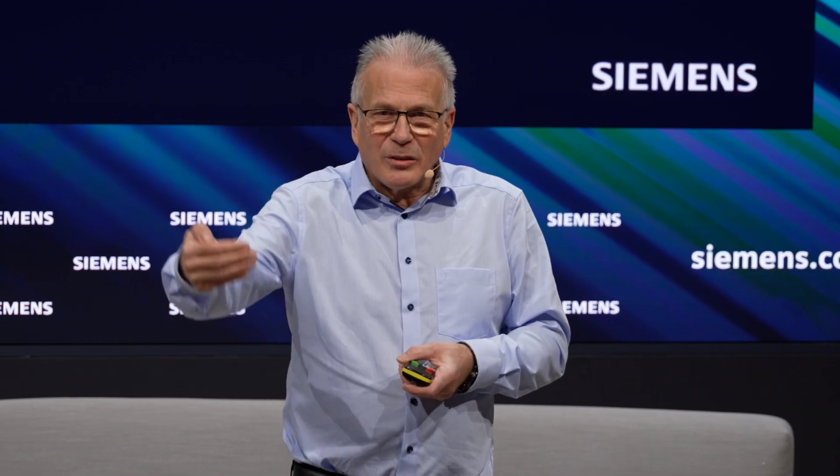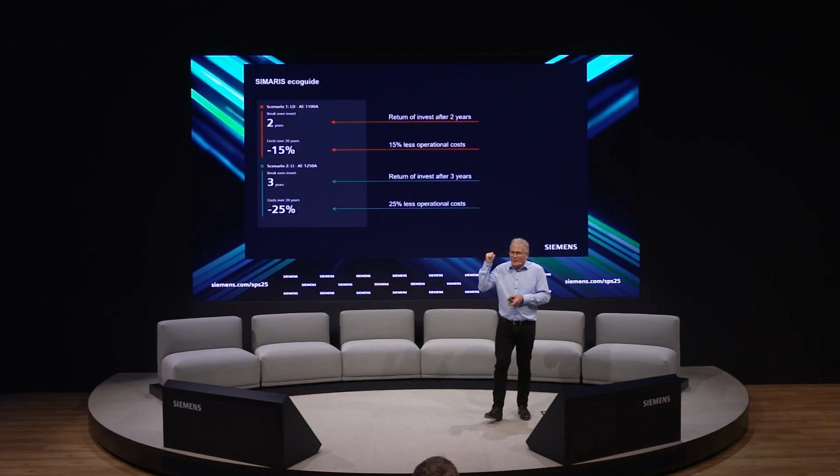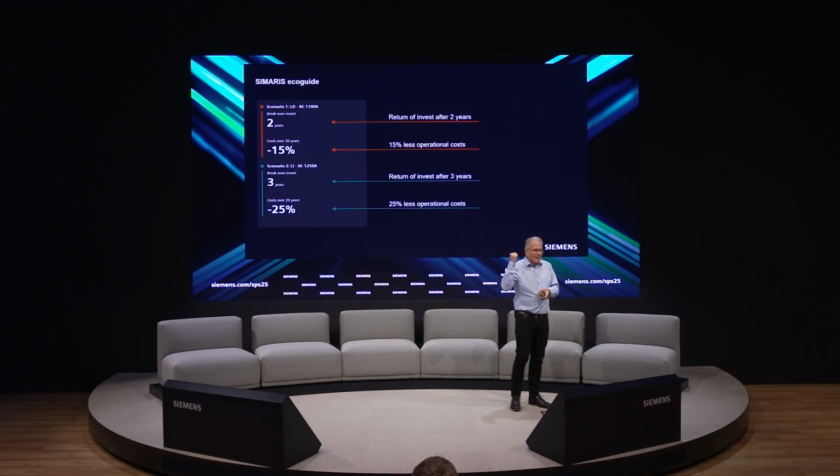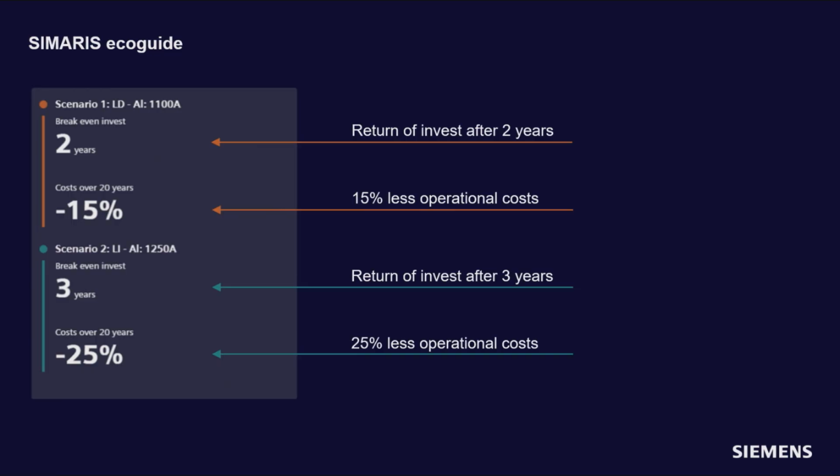If you oversize, then you have automatically lower losses, lower CO2. And it shows also the return of invest. And as you see, it is 2 years, it is 3 years, depending on the oversizing of the system. It's very short, it's much shorter than we expect.